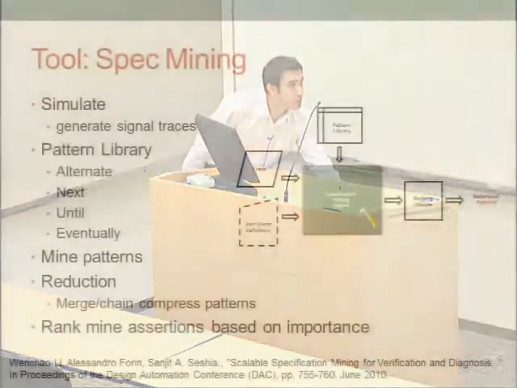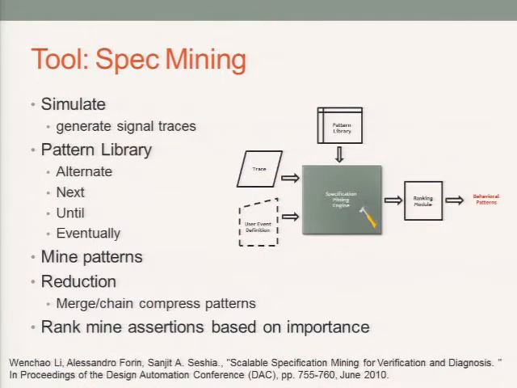Okay, so this is actually a work Wenkao, a previous intern at MSR, has done. So the tool is that you run a benchmark on your circuit and you collect the output traces through a simulation tool, ModelSim.